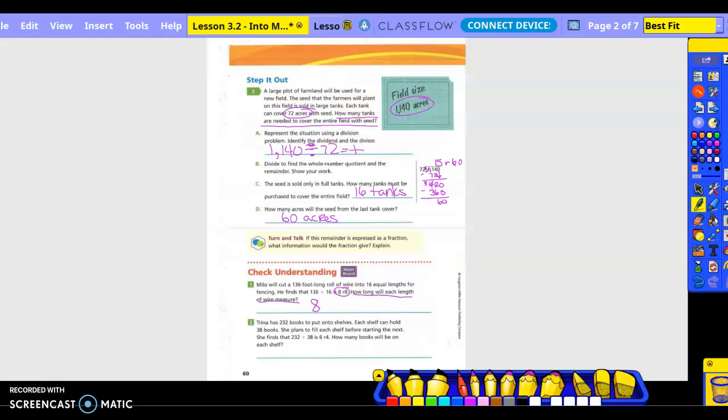So 8, and then the remainder becomes the what of the fraction? The numerator of the fraction. So the remainder 8 becomes the numerator of the fraction, and what's the denominator? The divisor, 16, right? So it'd be 8 and 8/16. But that needs to be simplified, right? To 8 and a half. What's my label?